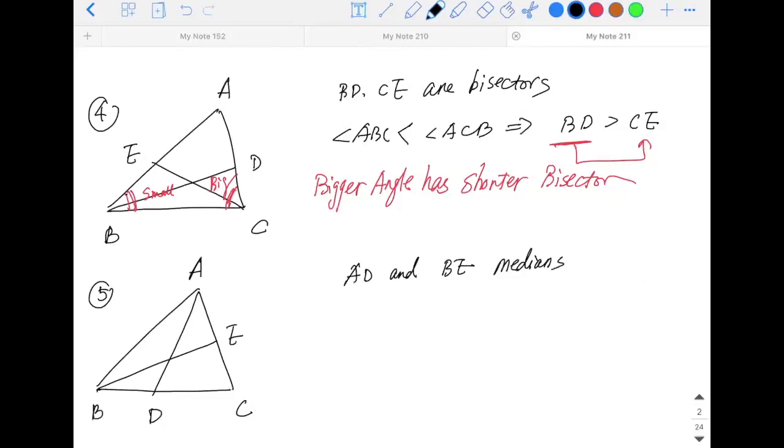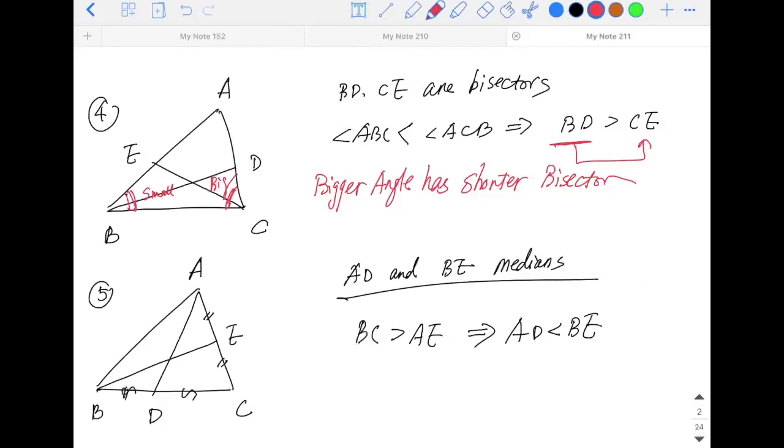Median means these two parts are the same, and these two parts are the same. If they are the medians and you have BC greater than AC, so automatically you should have AD lesser than BE.